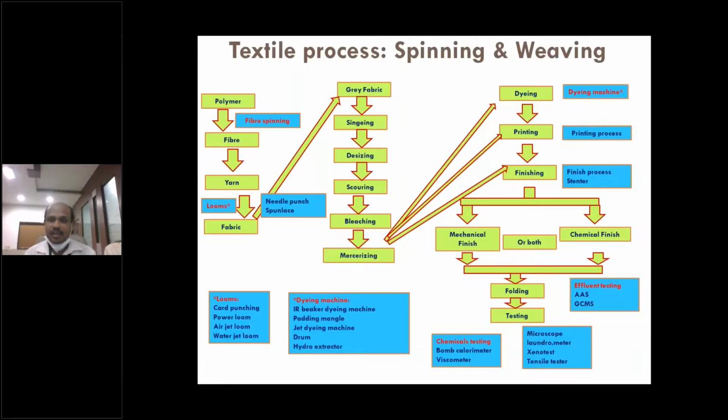It's a demonstration. But before going to the demonstration, and which points we are going to demonstrate, and what we are expecting to see or watch, just look at these things. First, we have polymer, otherwise natural fiber.